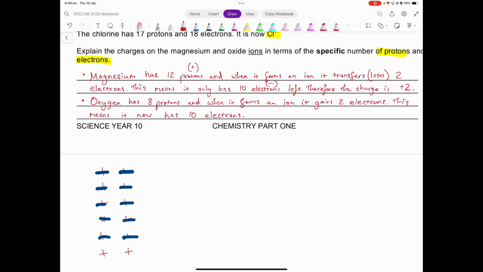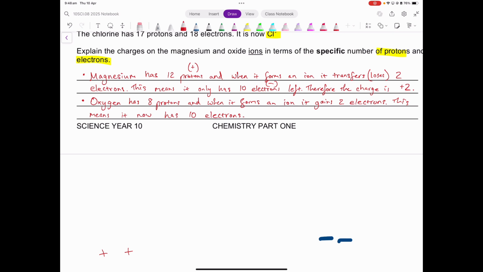And if we do the same thing that we did a moment ago, if I have 1, 2, 3, 4, 5, 6, 7, 8 positives, and I get my blue pen, and we come through and we now have 10 negatives, so we go 1, 2, 3, 4, 5, 6, 7, 8, 9, 10. Remembering that the first 8 are all cancelling each other out. What is the overall charge on oxygen going to be?